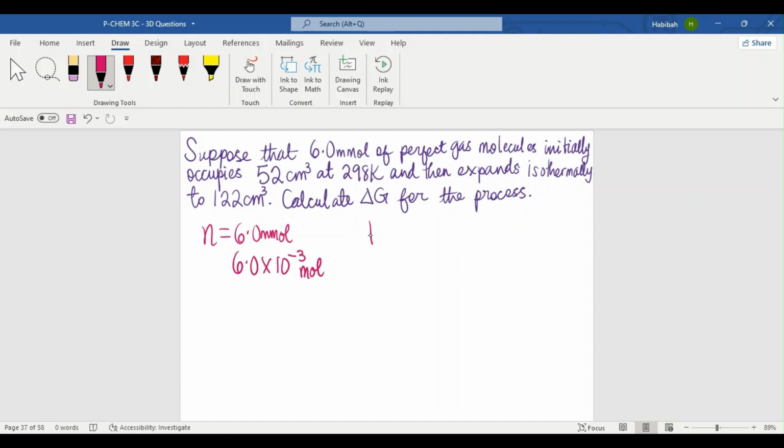So we have an initial volume of 52 centimeter cubed at 298 Kelvin, and then it expands isothermally.